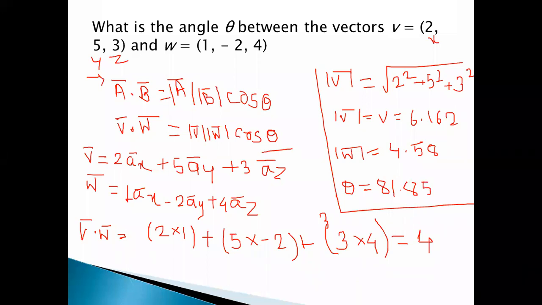Some are getting 81.89. Okay, no issue. All of you understood this example?